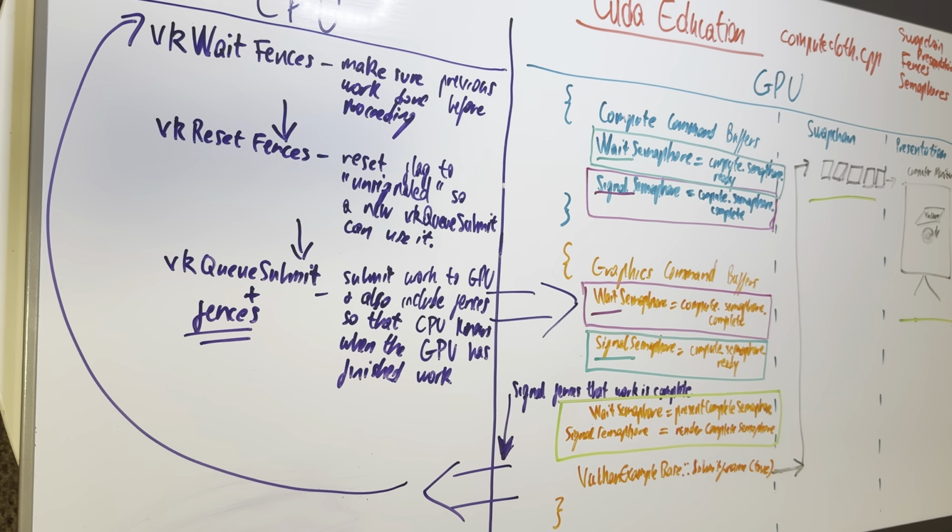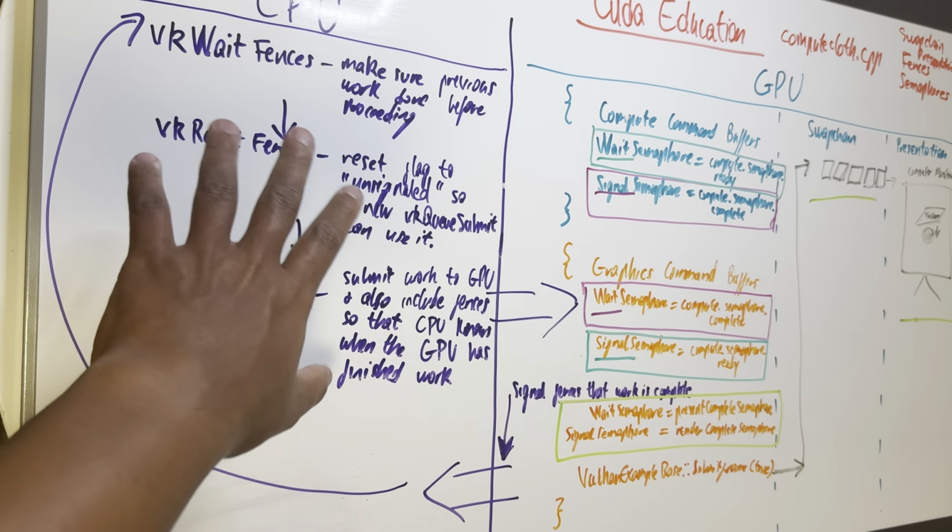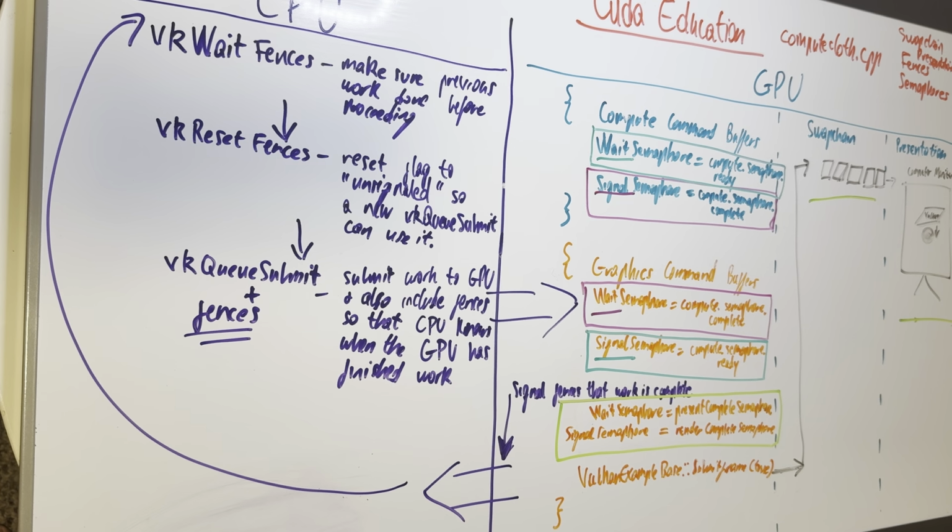Where can I put that? Yeah, I mean this is like right before here, but basically we're signaling back to the CPU that, hey, as far as you're concerned, we're done with everything, and you could proceed.